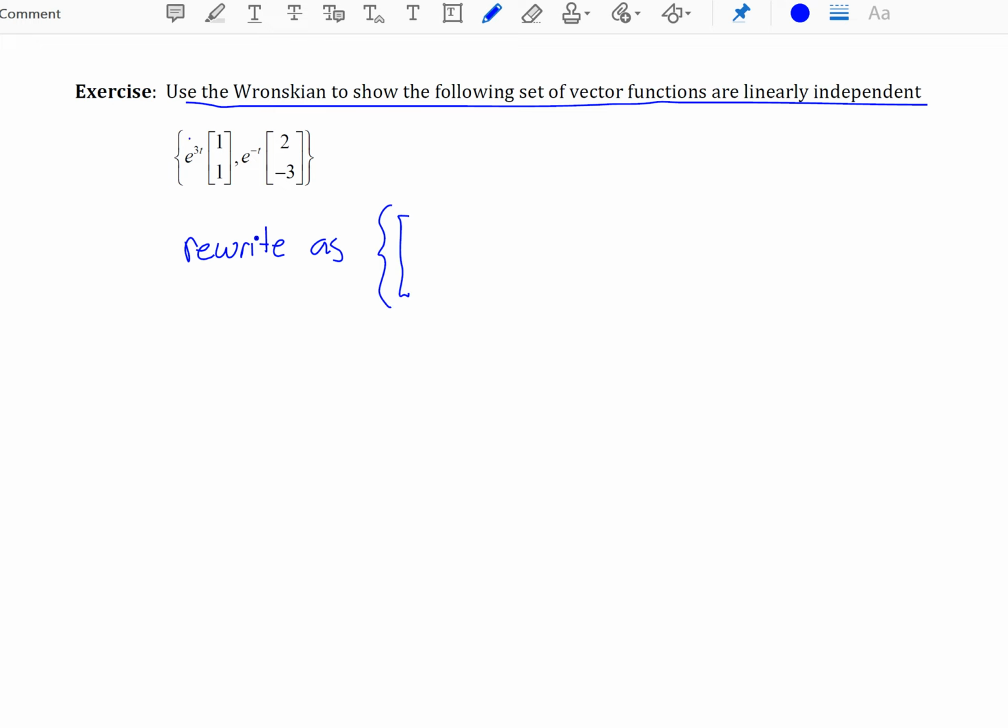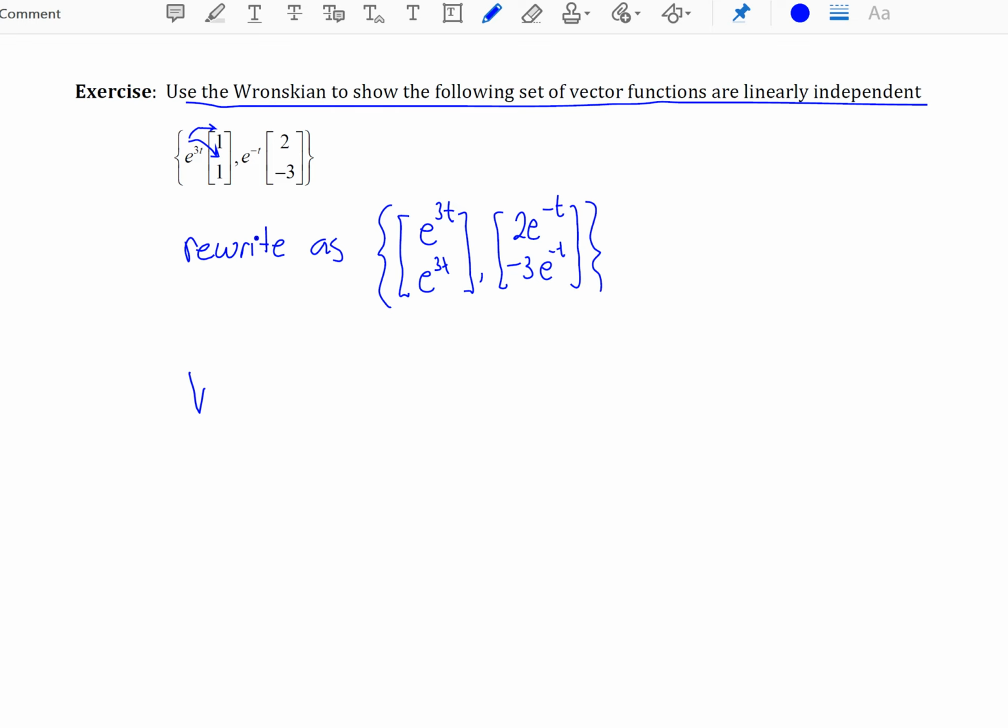I'm just going to distribute the e to the 3t into this first vector. So e to the 3t, e to the 3t. And our second vector is going to be 2e to the negative t, negative 3e to the negative t. And we want to determine if these are linearly independent.